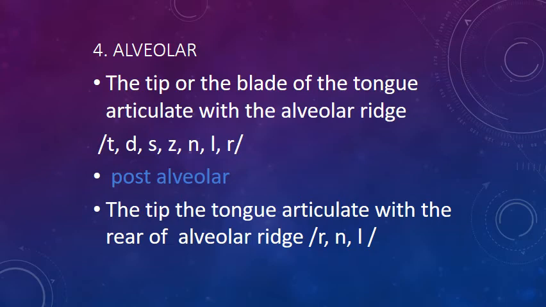Something you should remember is that some people differentiate between alveolar and post-alveolar. Post-alveolar is when the place of articulation is not on the exact point of the alveolar ridge, but a little bit rear from it, almost or near touching the alveolar ridge.